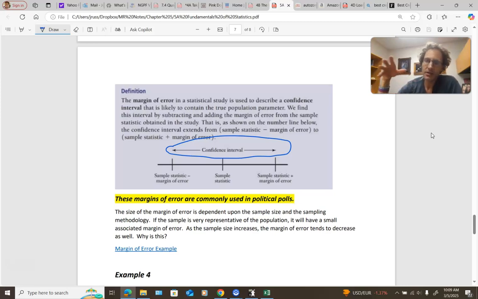To understand this more, you would have to take an intro to statistics course. But typically the larger the sample gets, the more reflective it's going to be of the actual population, and consequently the smaller that margin of error is going to be, because we can be more confident that our sample statistic is real close to what the population parameter actually is.